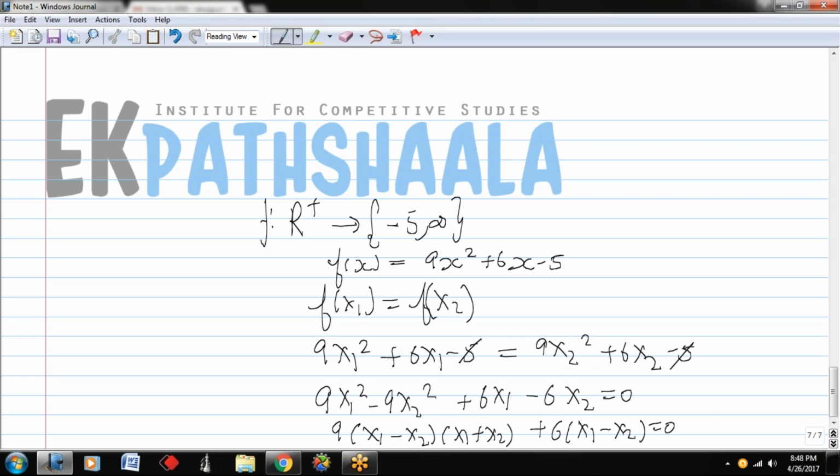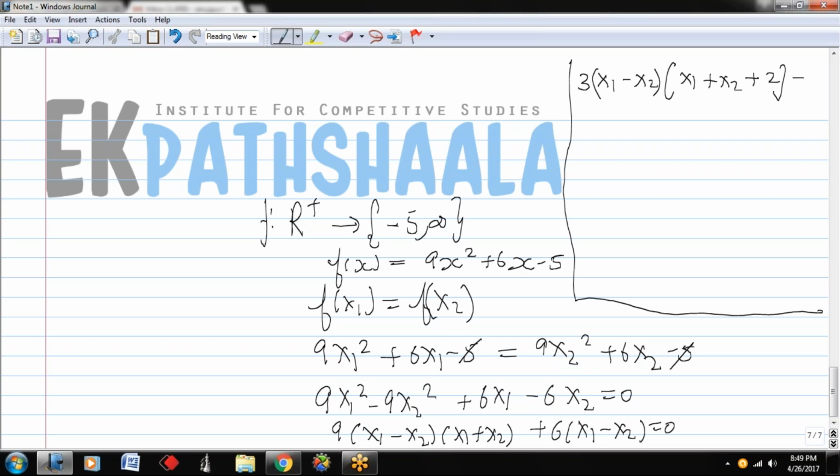Now what can we take common? We can take 3 common, x1 minus x2. So what remains is x1 plus x2 plus 2 equals 0. Taking 3 to the other side, it gets cancelled.